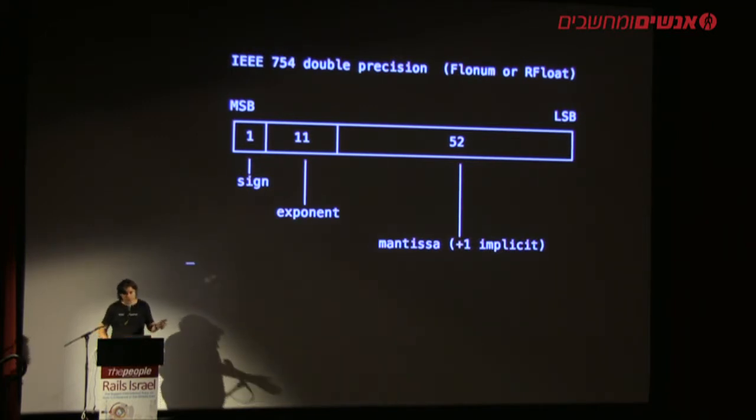And in Ruby, maybe in some esoteric platforms where Ruby MRI compiles it could be that this is not the internal representation, but in general, you can assume you are working with doubles like this. There's a sign bit, there's an exponent, and then there's a mantissa. This is the underlying double that is wrapped in a Float, and in recent versions of Ruby, there's an optimization where it is tagged in a pointer, but anyway, it doesn't matter. Let's focus on the standard representation of doubles.